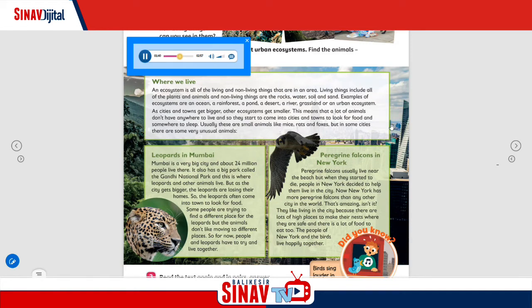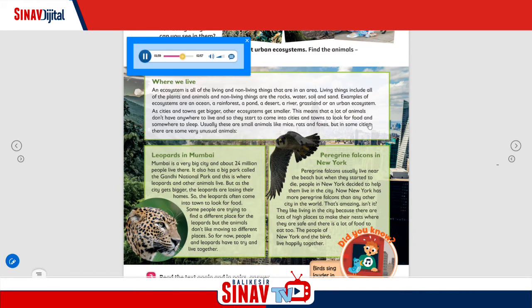So the leopards often come into town to look for food. Some people are trying to find a different place for the leopards, but the animals don't like moving to different places. So for now, people and leopards have to try and live together.